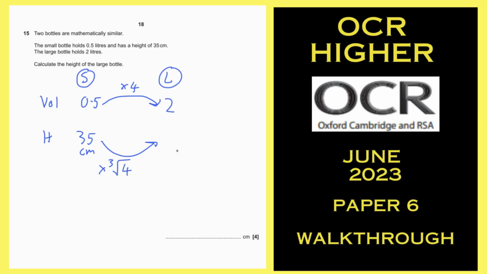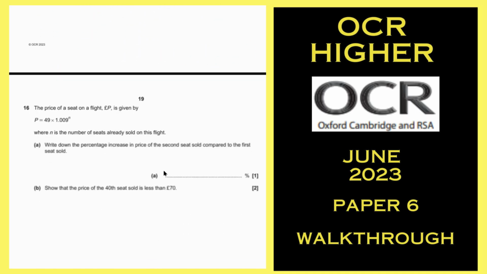You multiply it by your scale factor, and I'm getting 55.559-ish. I'll call it 55.6. 1 mark for scale factor, 1 mark for cube rooting, 1 mark for multiplying by it, and 1 for, again, giving your answer in a format that you see fit, that is sensible. 4 marks done.